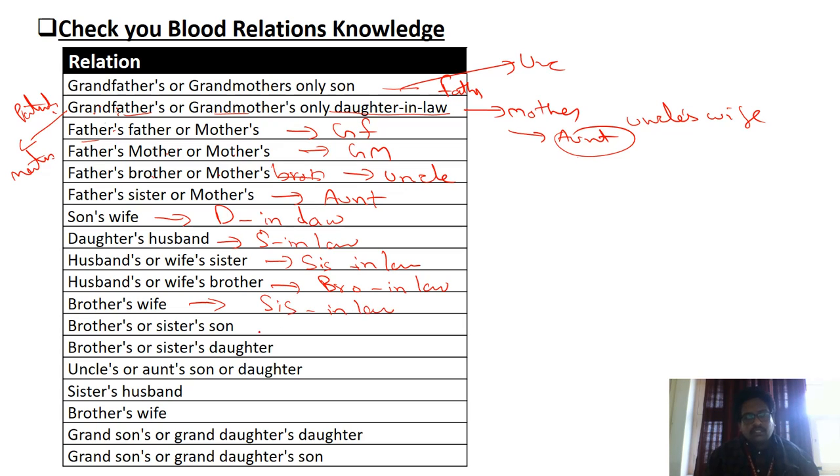We already discussed these things. Brother's or sister's son is nephew. Brother's or sister's daughter will be niece. Uncle's or aunt's son or daughter is none other than cousin. Sister's husband, obviously brother-in-law. Grandson's or granddaughter's daughter is great granddaughter. Grandson's or granddaughter's son is great grandson.